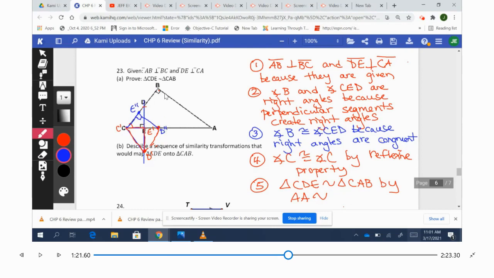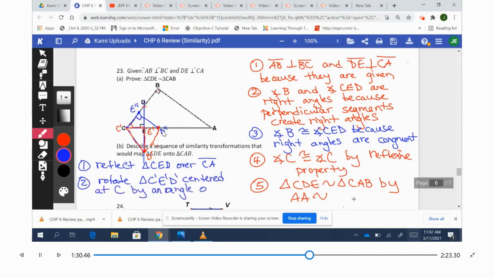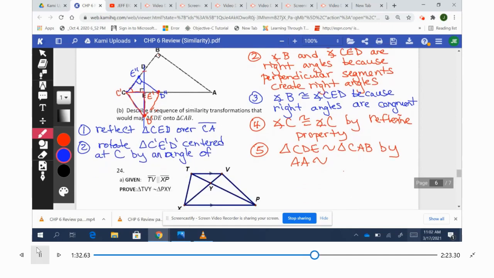So what you can tell right now is they're lined up nicely. E prime, D prime is ready to map onto BA from a dilation. So now we just have to dilate centered at C by a scale factor that will make E double prime, D double prime big enough to fit onto AB.